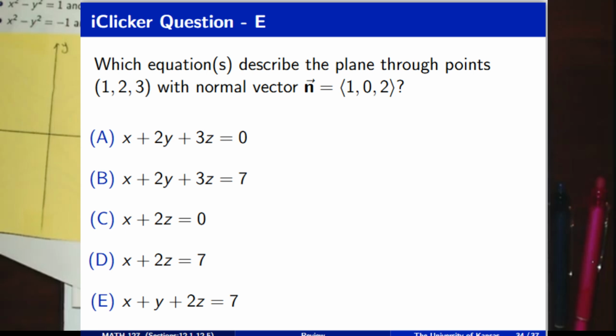You say n dot x minus, 1, y minus 2, and z minus 3. So you have to have the normal vector.